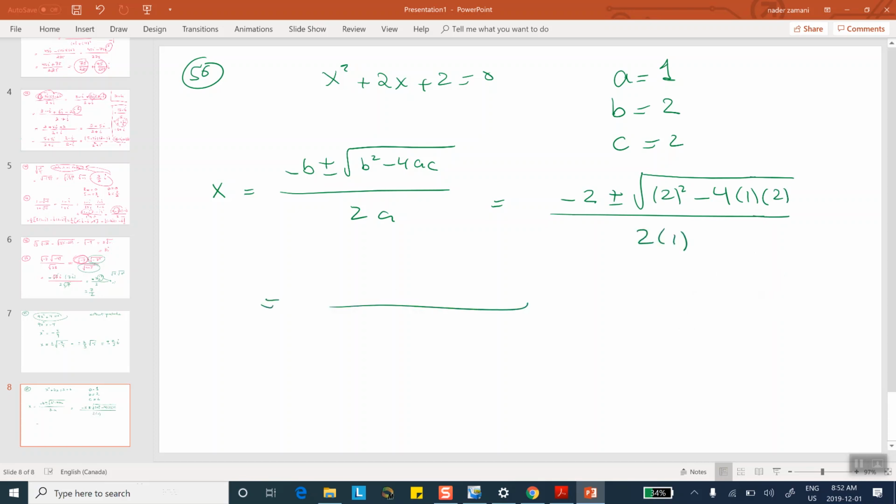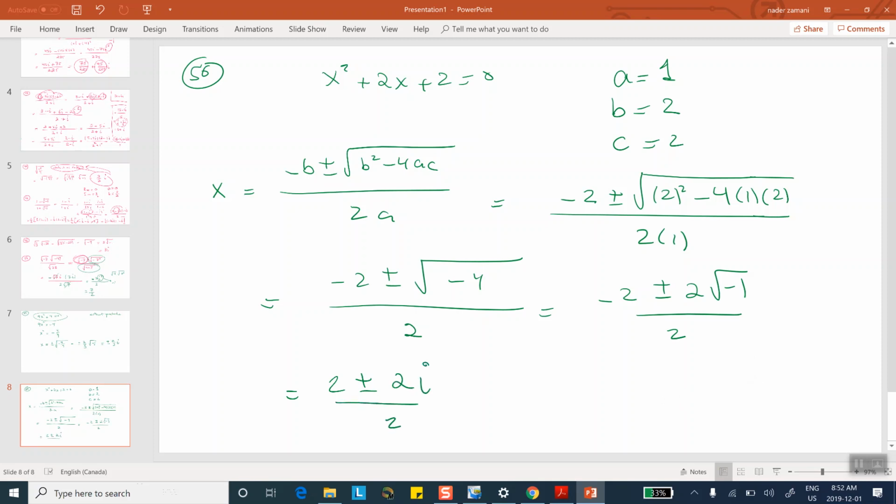So this is equal to minus 2 plus or minus square root. And this is going to be 4 minus 8, so it's going to be minus 4 over 2. This is going to be minus 2 plus or minus 2 square root of minus 1 over 2, which means minus 2 plus or minus 2i over 2.